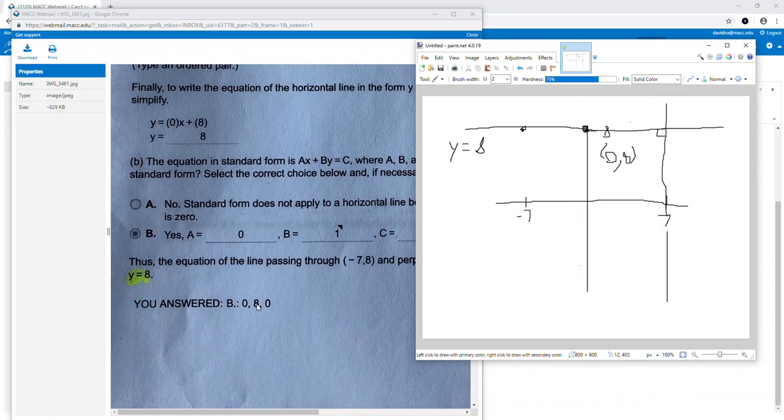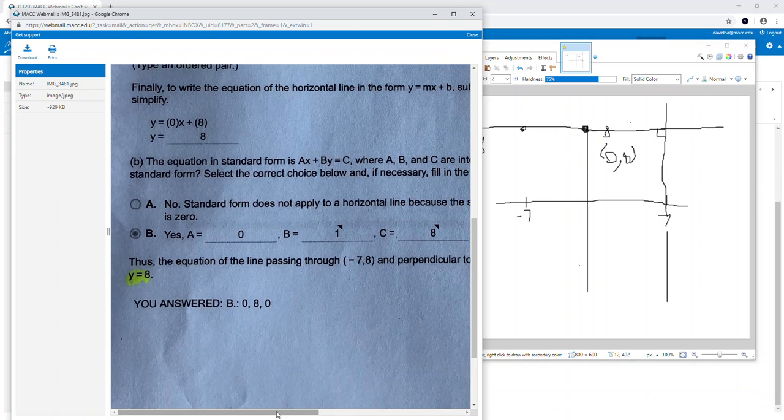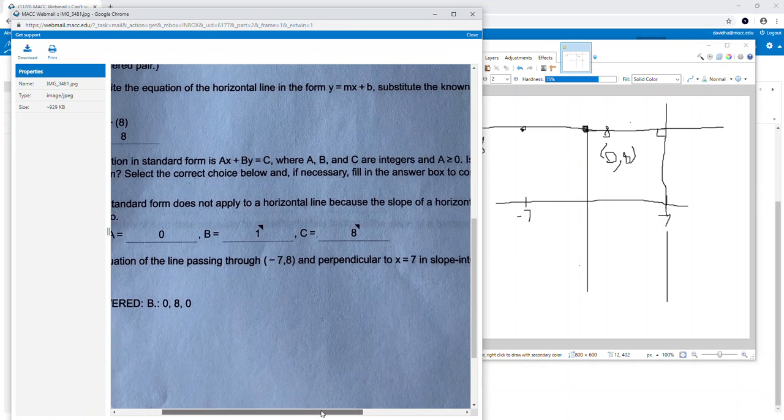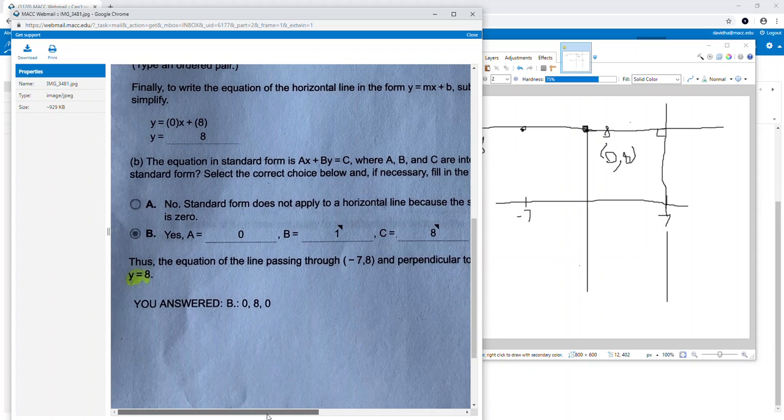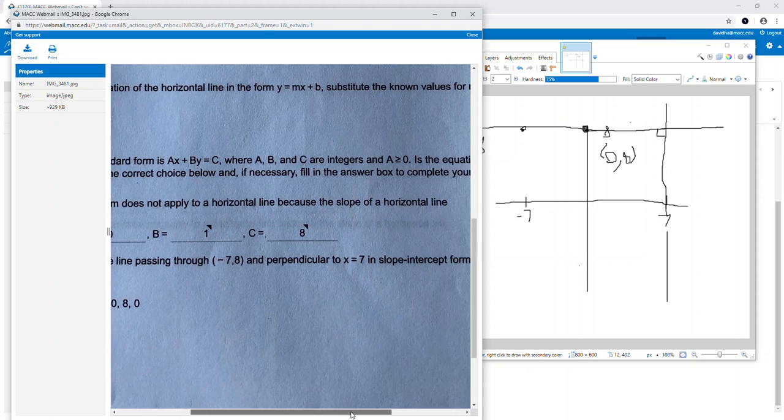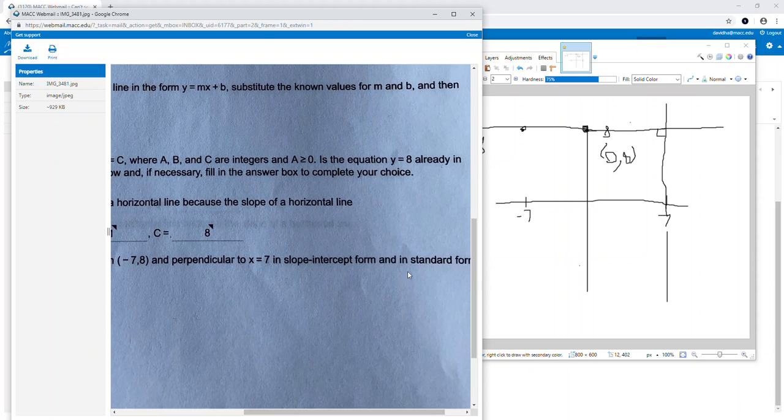Let's see if there's anything else. Is the equation in standard form, ax + by = c? The equation y = 8 is already in standard form. The answer is yes, because all of your variable terms are on one side and your constant term, your numbers, are on the other side. Now then you identify it.